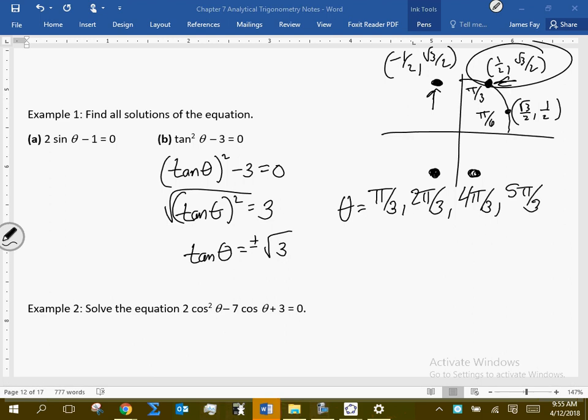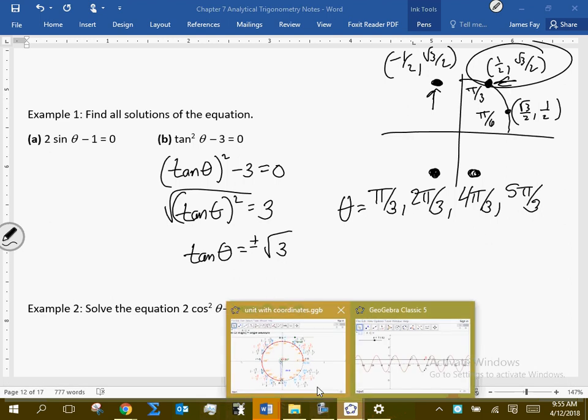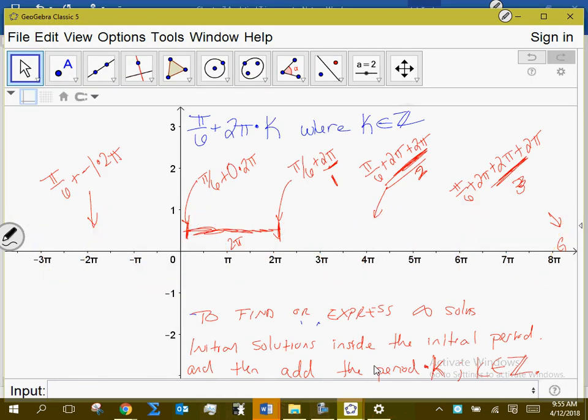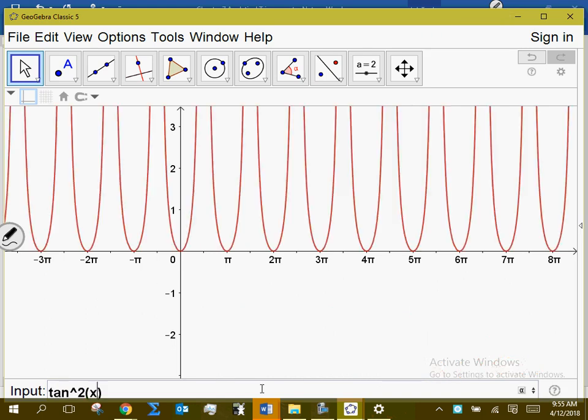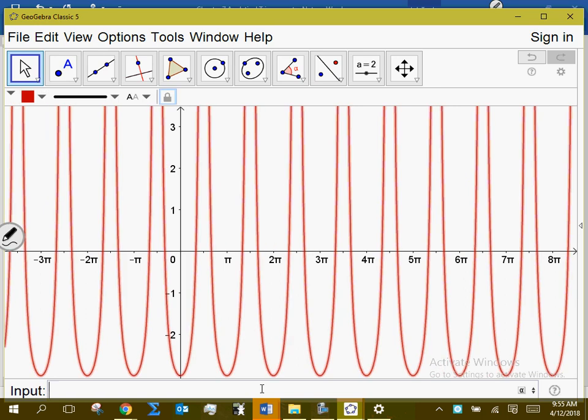You're going to see that one of the fundamental things for doing these problems is to know your unit circles. So some of us are going to have to brush up on that again. Okay. Those are the solutions inside one period. Okay. If we look at that graph, tangent squared x minus 3, where does that equal y equals 0?